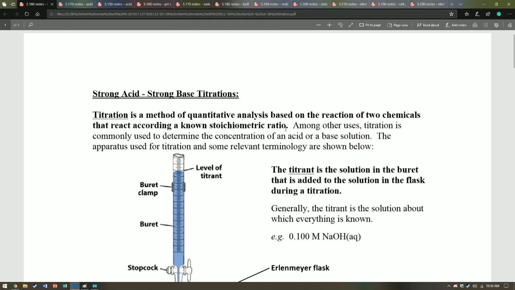For example, you can only have a certain concentration of lead in drinking water before it becomes toxic to people. So you can titrate for lead in the drinking water. Now, mind you, the concentrations that you would find in the water are very, very small. However, it is important to check for that sort of thing.